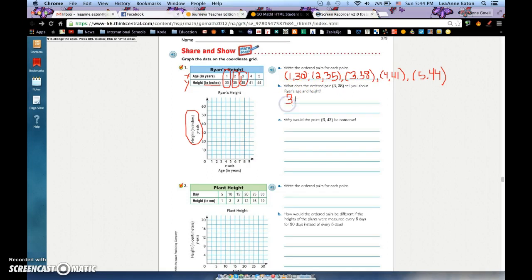So he is 3 years old, and I'm going to make a little and sign, and 38 inches tall. Okay, so now we can read that information.